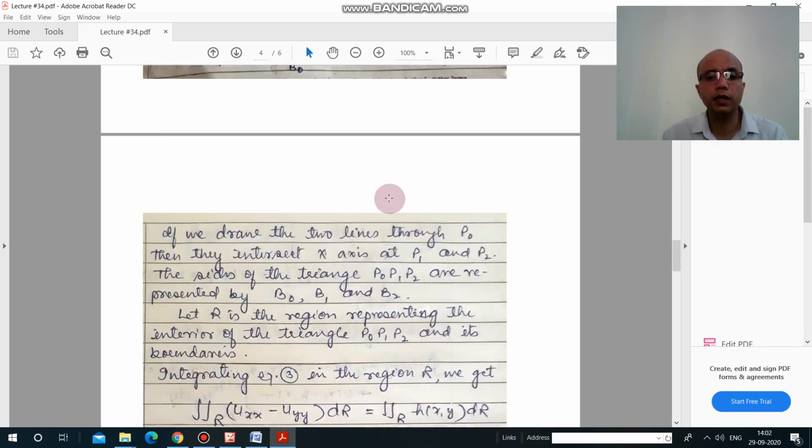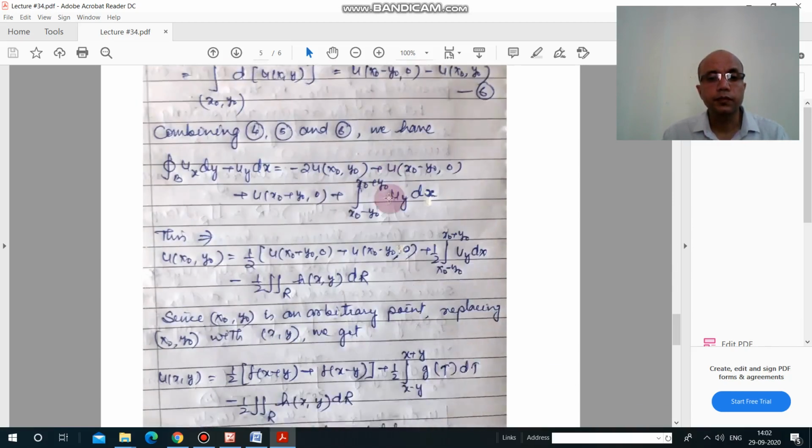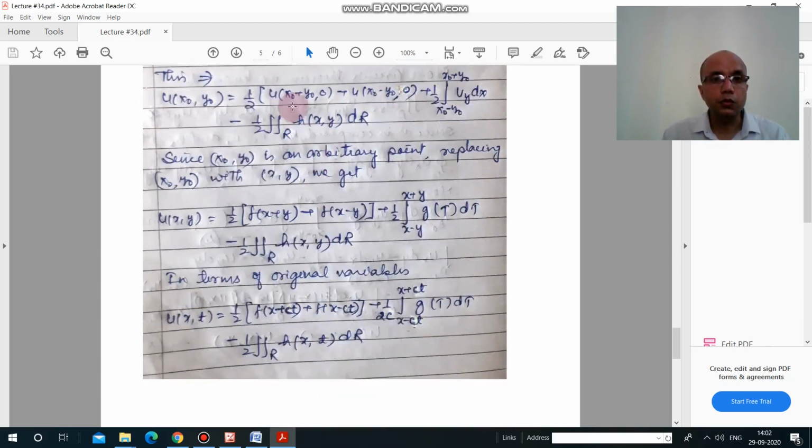That's why in place of u(x0 plus y0, 0), I have written f(x plus y), because we have applied the initial condition. Similarly, uy is given as g(x), so I have written g(tau) d tau in this integral.